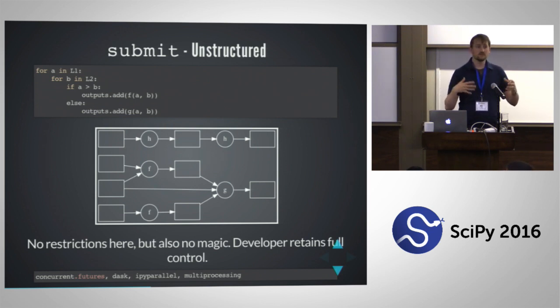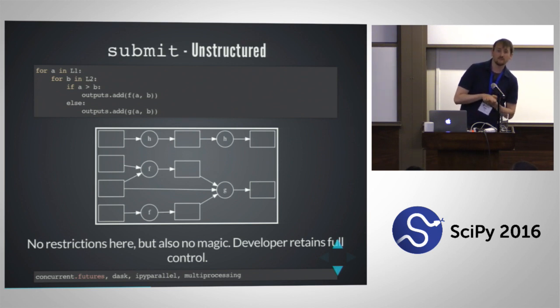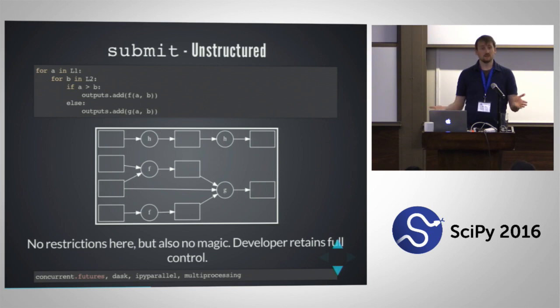Maybe you've got some logic that says instead of calling my function, do something else. In this case, I'm iterating through two collections, and I'm saying, based on a comparison of the item in those two collections, do one thing, maybe do something else.